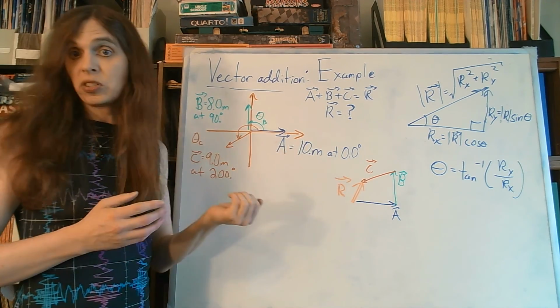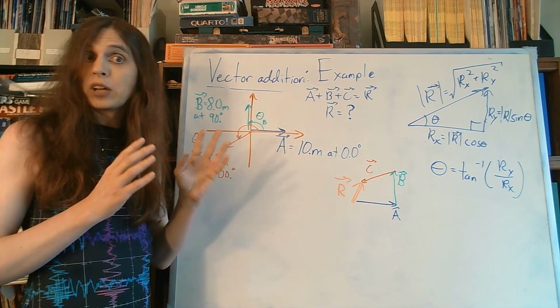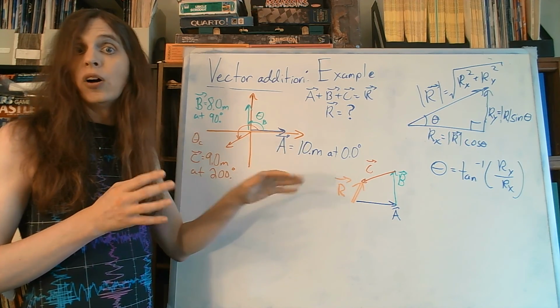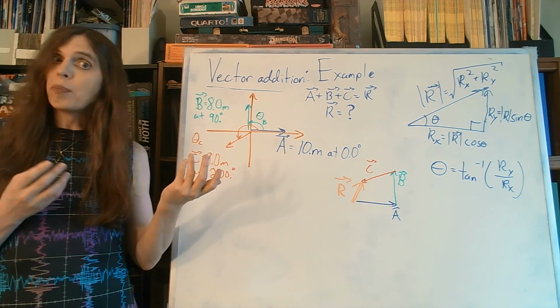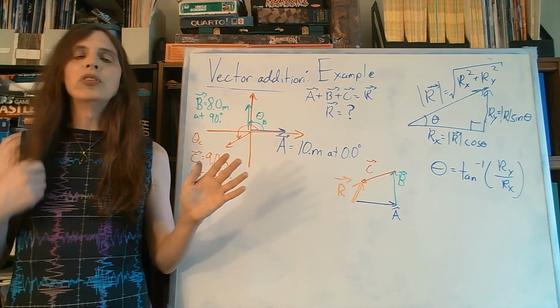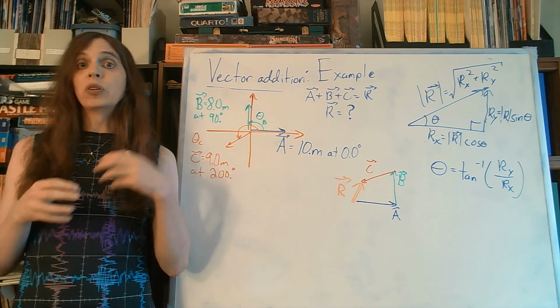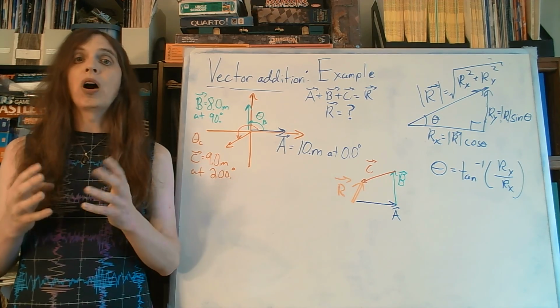I'm doing this as a sketch. I don't know if those are precisely the directions and sizes of those, but setting something like that up at the beginning of problem solving, even if you don't know if it's an accurate representation, is a good setup in order to help you think about what's going on.